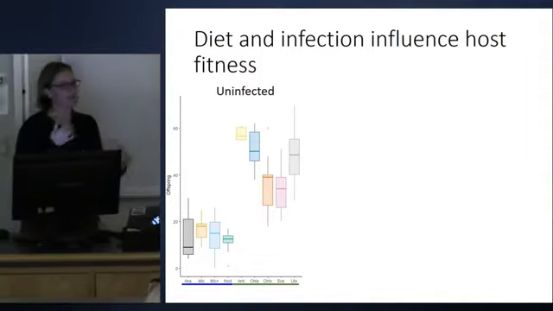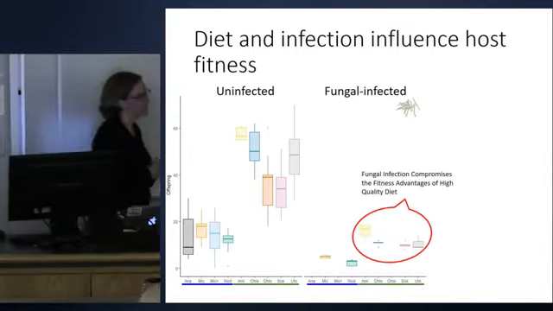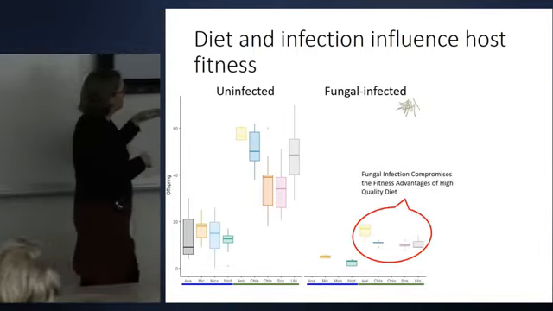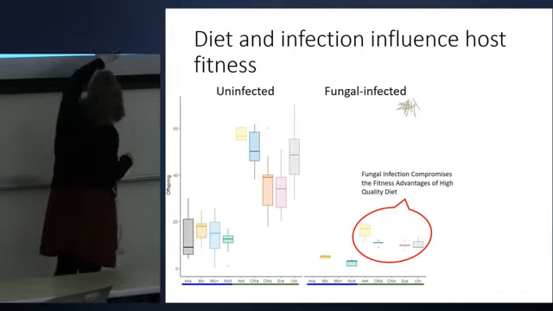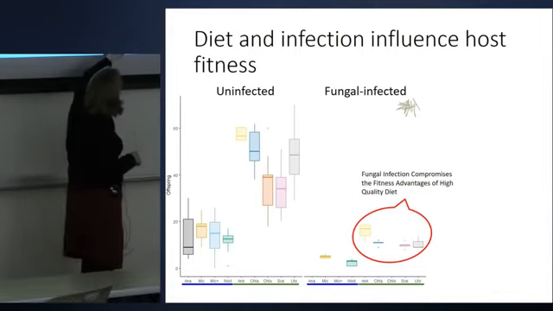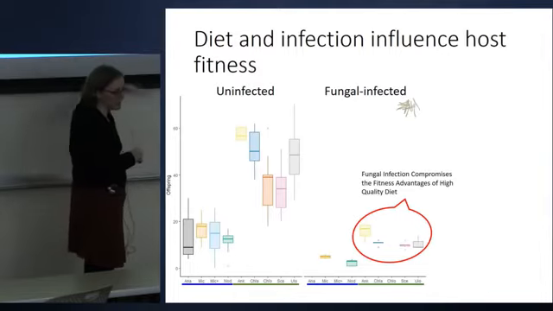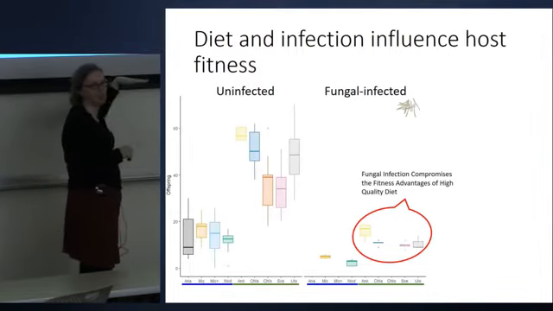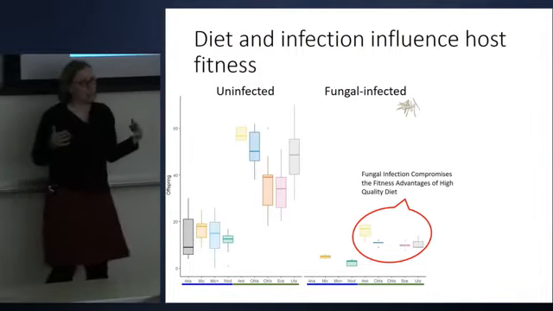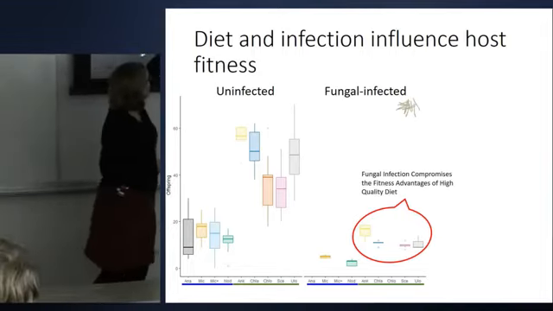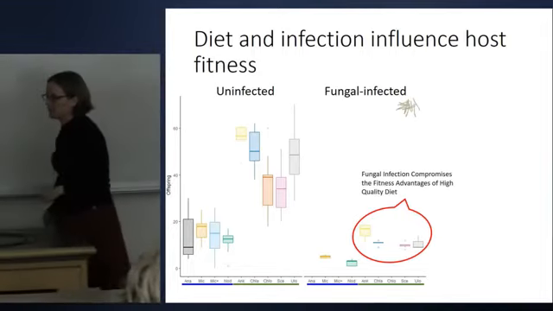If we look then at when they're infected, they still produce more offspring on the green algae, but they take a big hit in their overall fecundity. So they're doing a little better, but not nearly as big a difference as when they're uninfected.